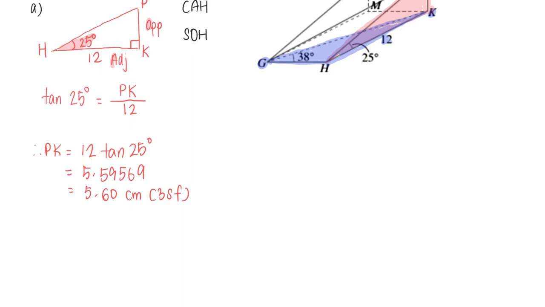So my GK, H. This is also a 90 degree right angle triangle as well. And from here, I can just apply my Toa, Ka, So.